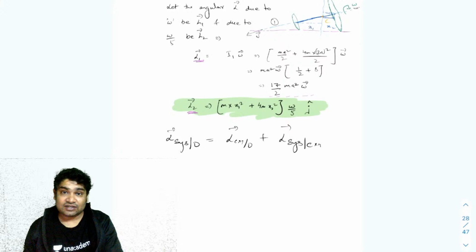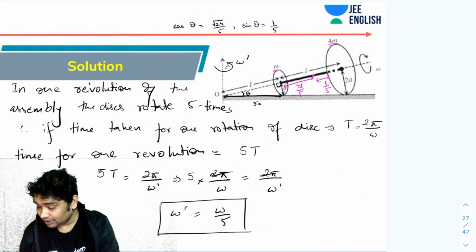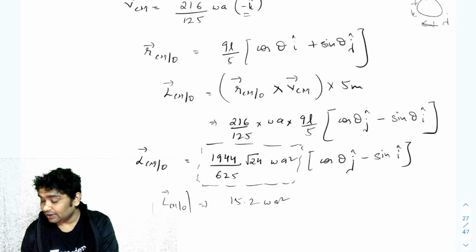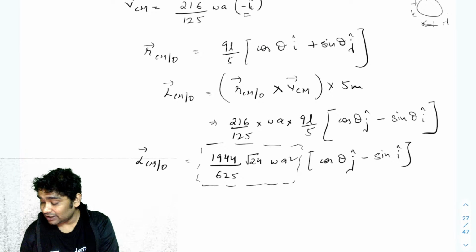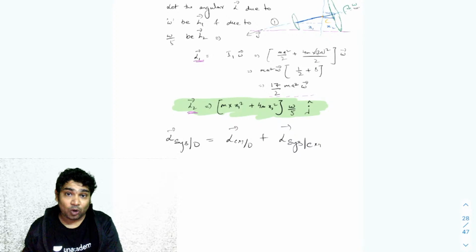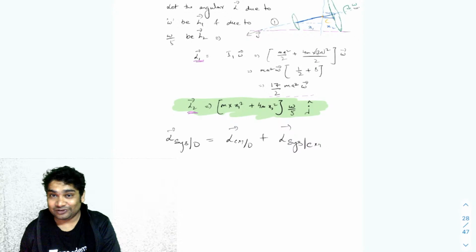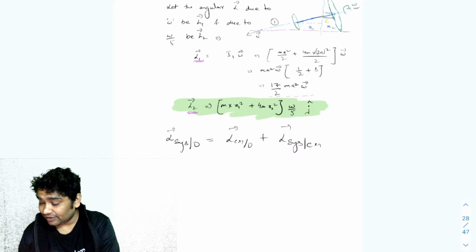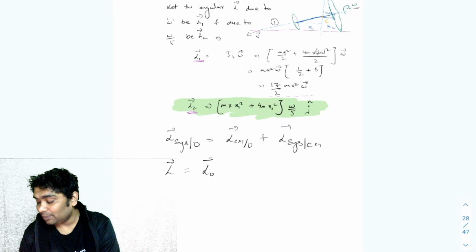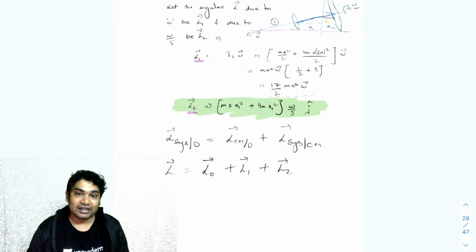So in the previous parts, what you calculated here, let's call this L0 vector. Now you would have realized that the net angular momentum would be the sum of all three things that you calculated above. So L of system, the L vector, would be equal to L0 vector plus L1 vector plus L2 vector. So this is how you would have calculated the answer finally.